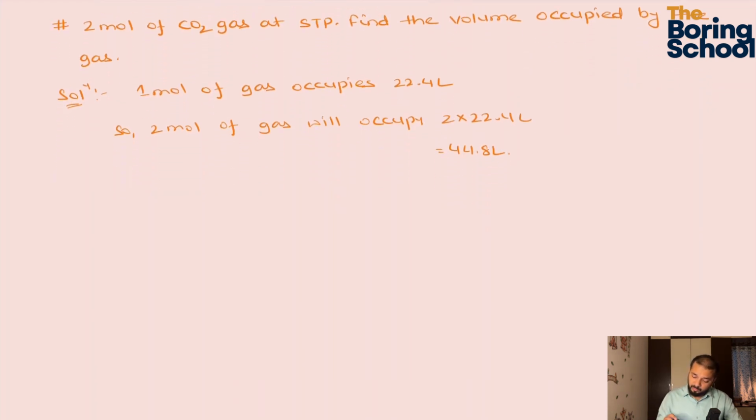So from here we can also write that volume of gas at STP, in liters, is equal to 2 into 22.4. 2 is the number of moles of gas. So I can write it as number of moles of gas into 22.4.